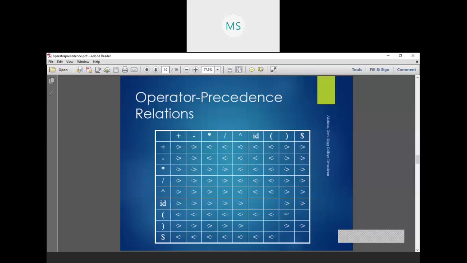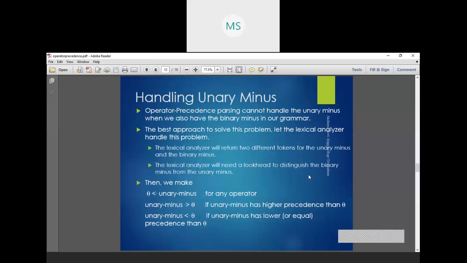Close and ID: I can't write close with ID because the computer doesn't know what the operator is; we normally think of multiplication, but there is no relationship, so you write empty. Close and open: between them there is no operator, so that is also empty. These are some representations.